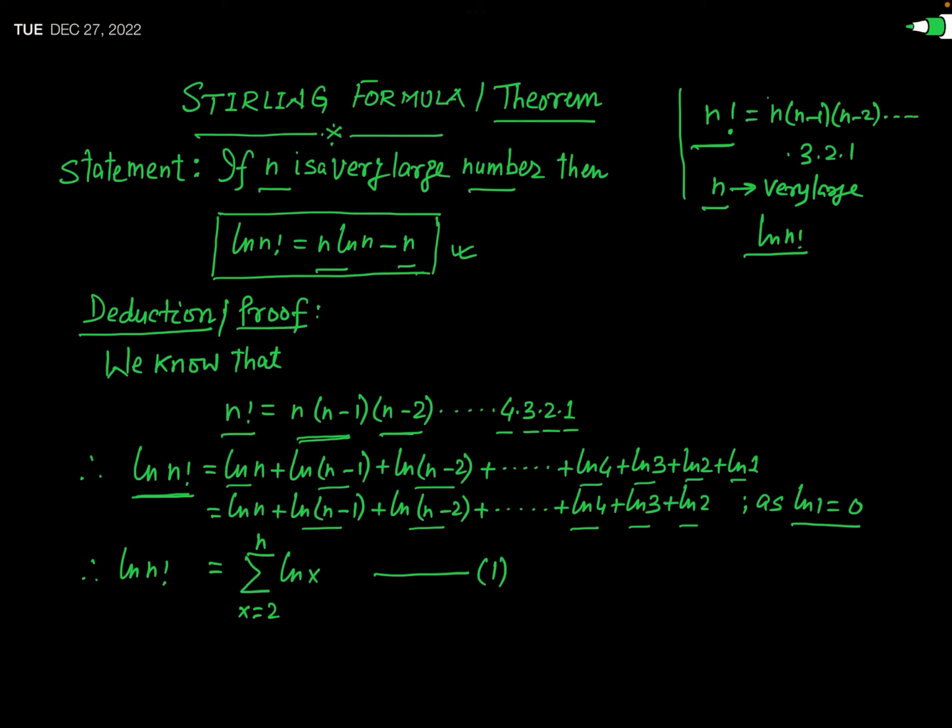This series can be written in a more compact form by the use of the summation sign. So you can equivalently write that ln n factorial is equal to the summation over x from 2 to n of log x. When you substitute the values of x, that is 2, 3, 4 up to n, you will get this series.